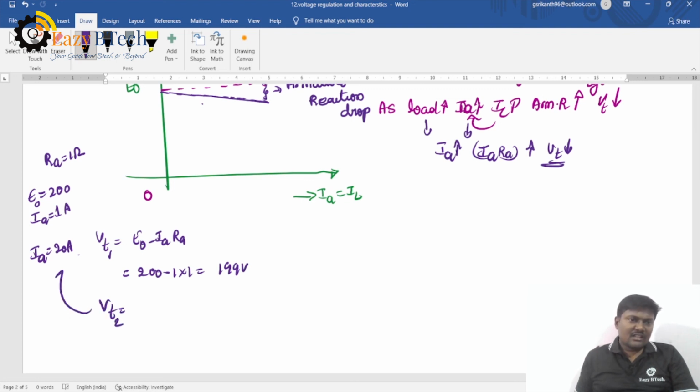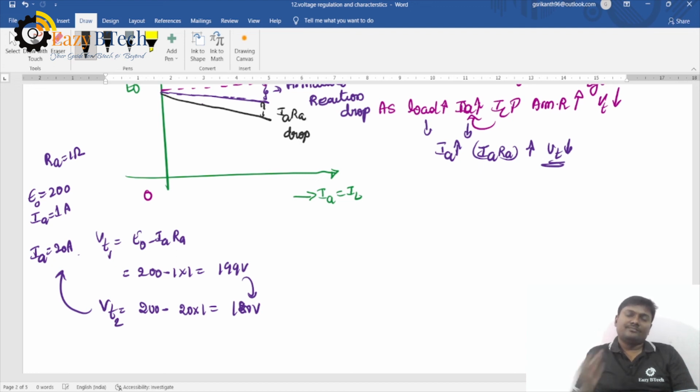As the second case, there is no change in the no load voltage, 200 minus IA, which is 20 into 1, the voltage is 180 volts only. The drop, you can observe, is very small, and I am representing it like this with a black line. So now this drop is due to the IARA drop.